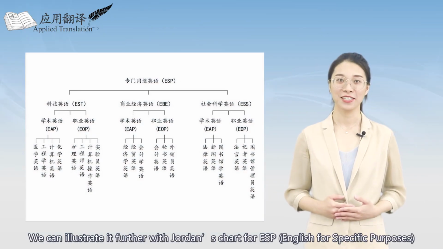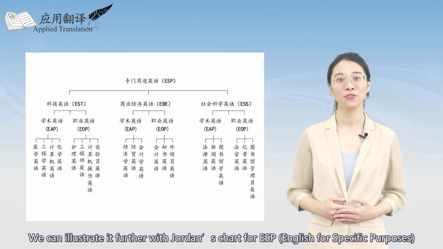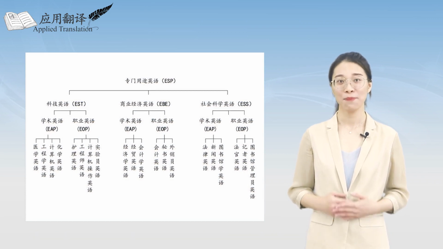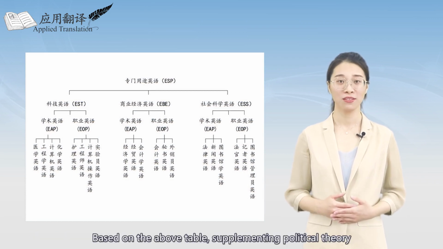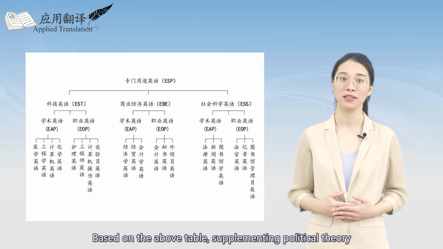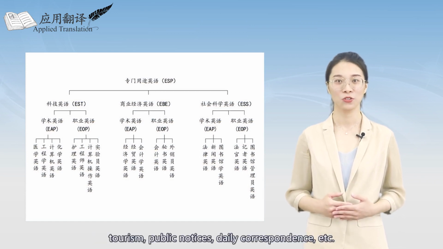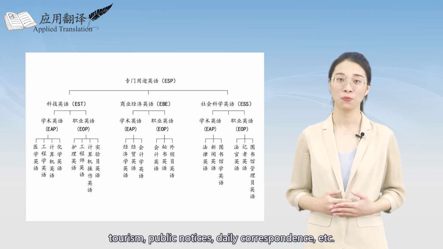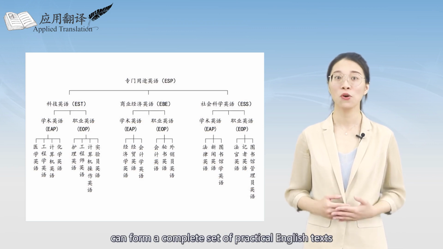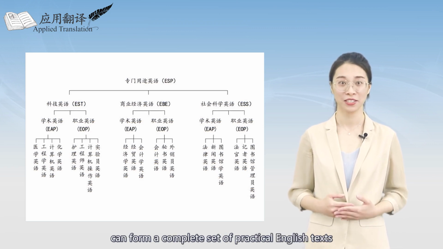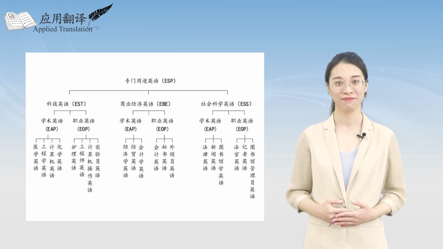We can illustrate it further with Jordan's chart for ESP. Based on the above table, supplementing political theory, tourism, public notices, daily correspondence, etc., can form a complete set of practical English texts.